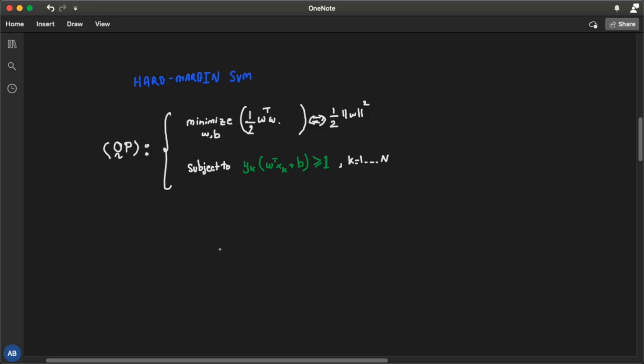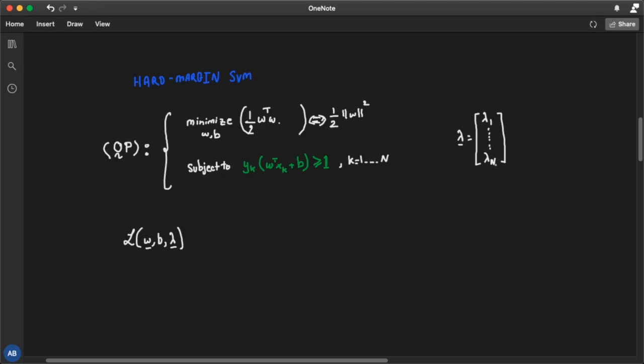So before proceeding, I'm going to write down the Lagrangian function of this problem. That is a function of the variables and the Lagrangian vector lambda. So W is also a vector, and lambda over here is a vector containing all the Lagrangian multipliers associated with the constraints, lambda 1 down to lambda n.